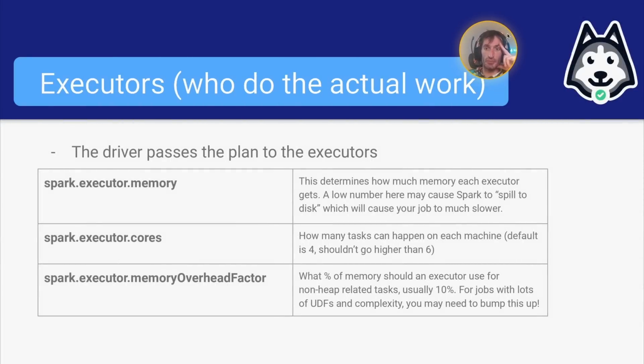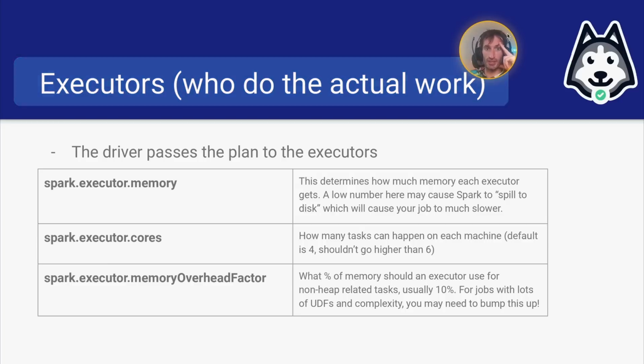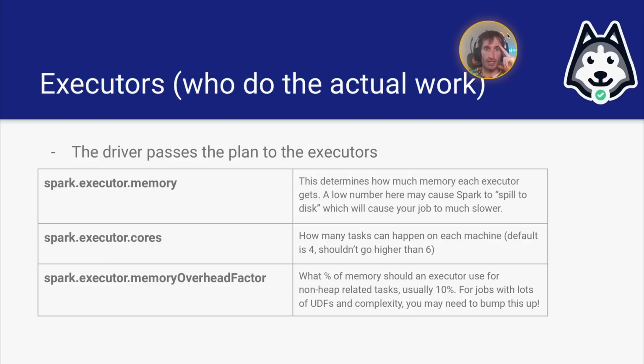Executors here are what actually do the work. These are the Michael Jordans and the Kobe Bryants and the LeBron Jameses of the Spark framework. They're the ones who actually take in the data and then transform the data and filter and aggregate and do whatever other operations you want to do on the data.